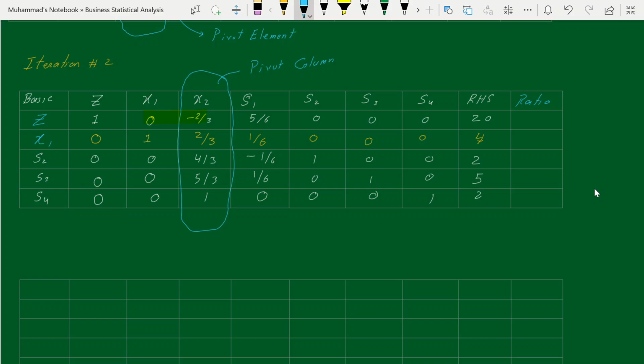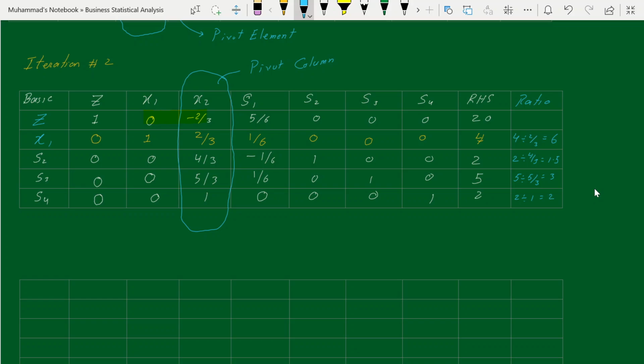Okay, so now this is the pivot column, and we need to find the ratios for the constraints. Here we have 4 divided by 2 by 3, which equals 6, and then 2 divided by 4 by 3, which equals 1.5, and then 5 divided by 5 by 3, which equals 3, and then 2 divided by 1, which equals 2.